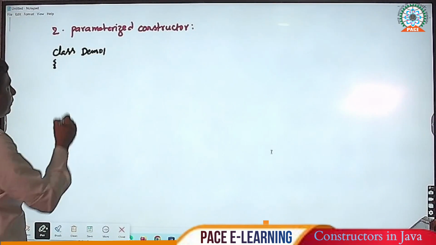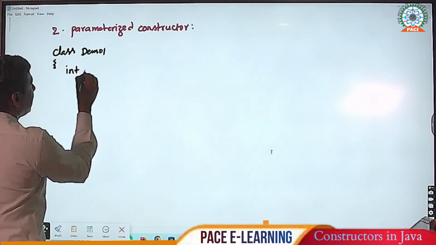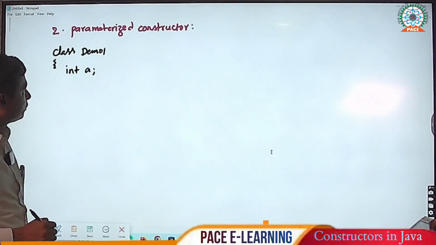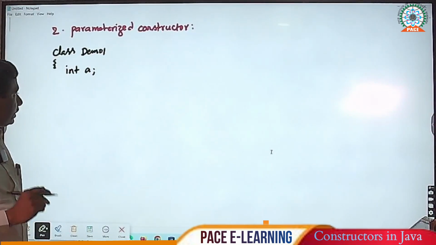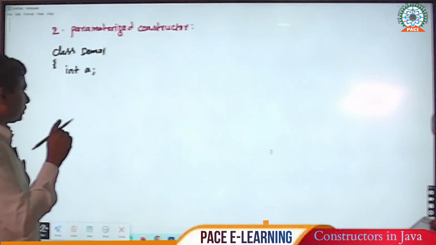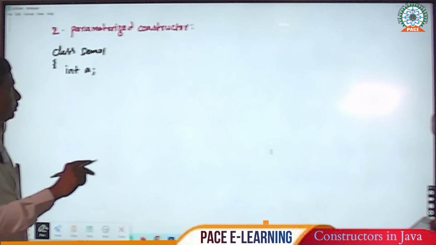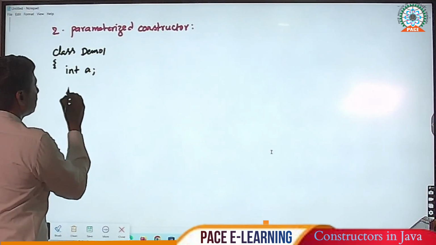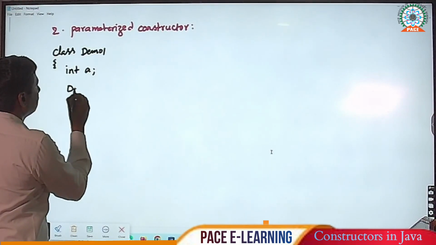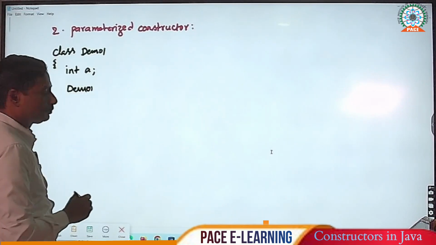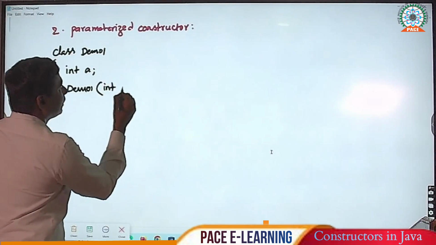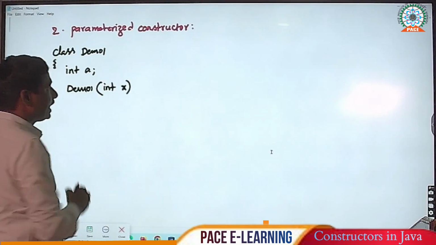Inside this, I am declaring a property, that is A. Now, my requirement is that I would like to store different values for different objects in this A. Now, I am writing the constructor here, that is demo1. Here, I am accepting x value as a parameter.